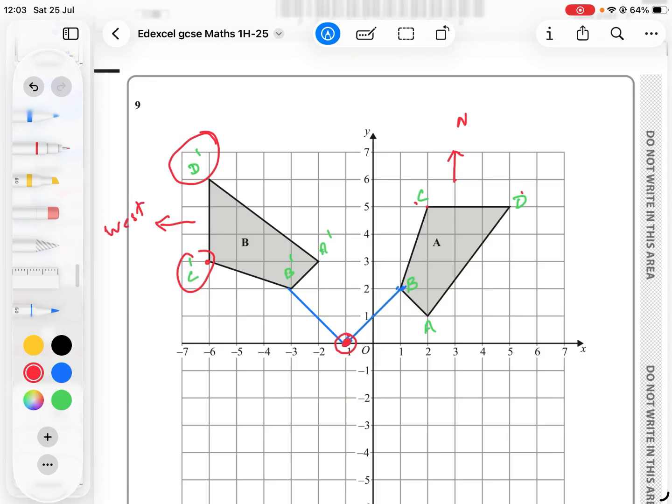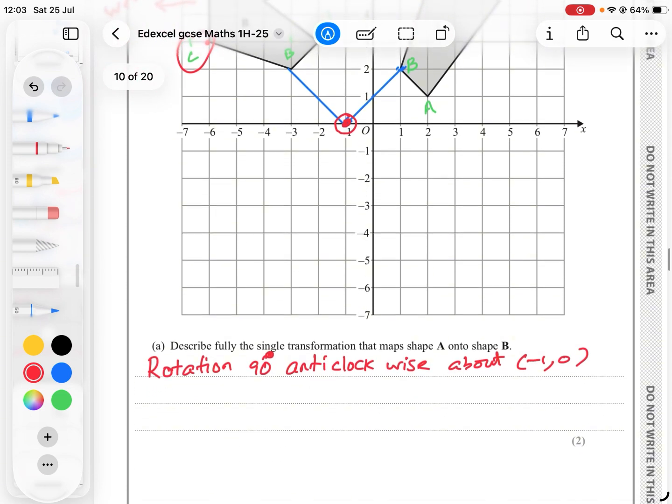So the rotation is this way, anticlockwise. So the answer is rotation 90 degrees anticlockwise about minus 10, which is the center of rotation. Thank you.